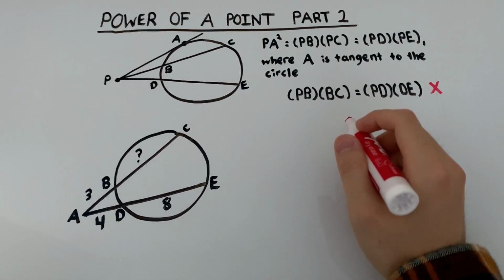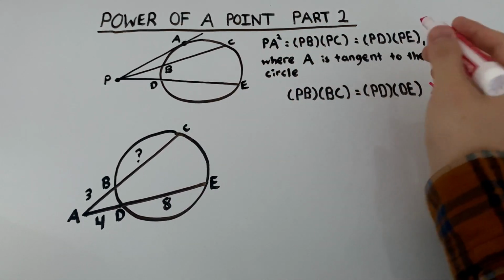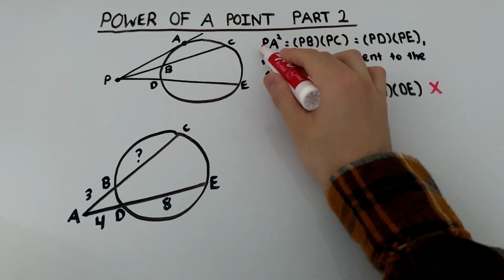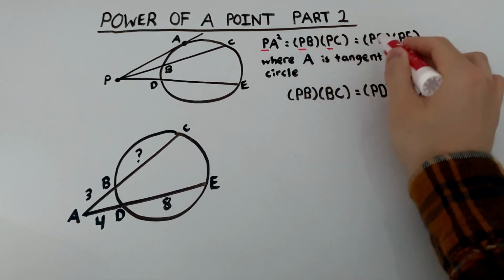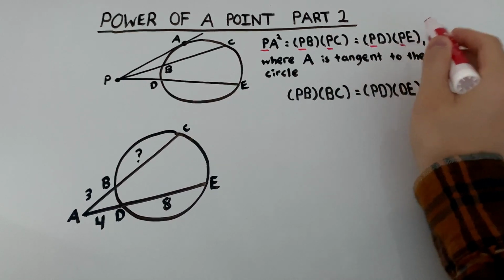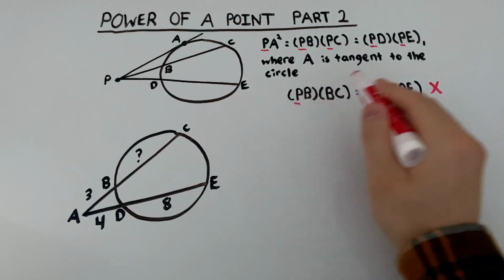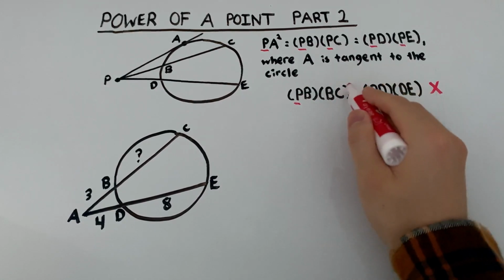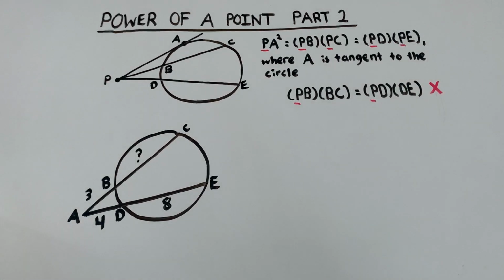So what does that mean? Well, let's take a look. In the correct version, we always have point P involved. Whereas over here, there's a P, but there's no P here, and there is no P here. Therefore, it is incorrect.